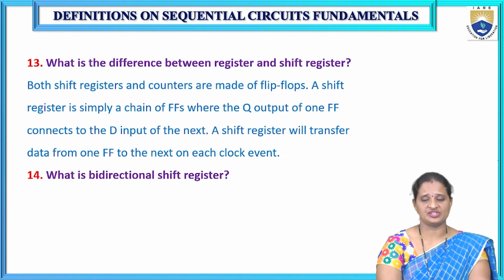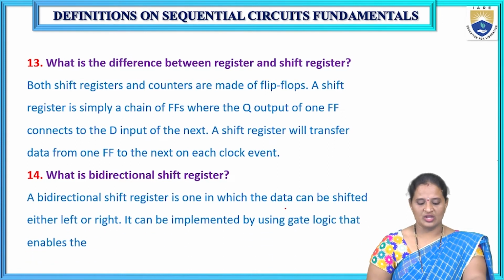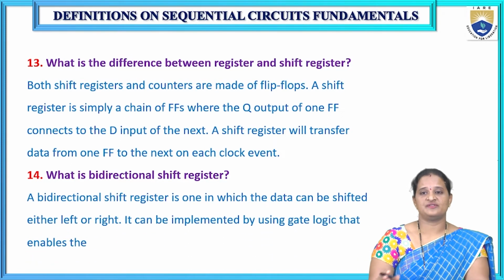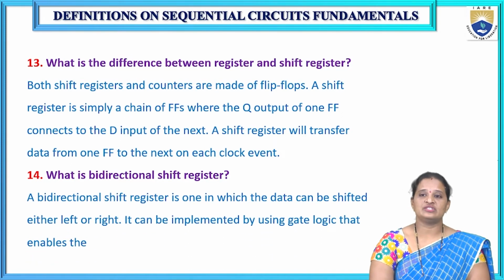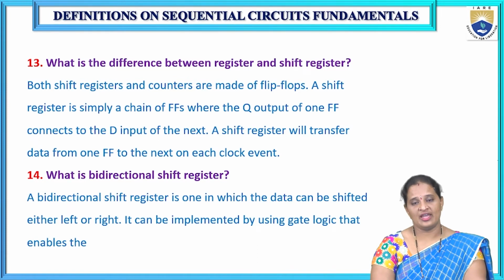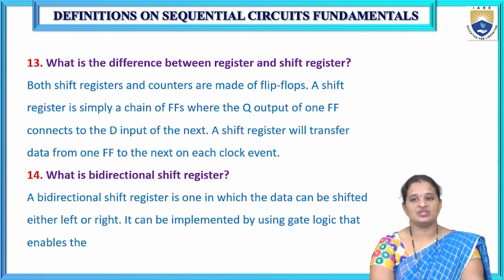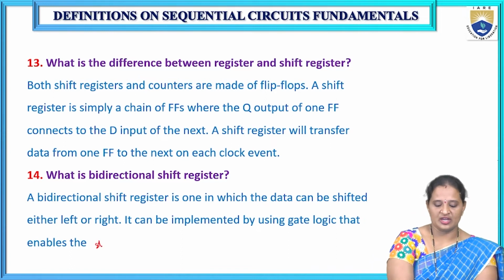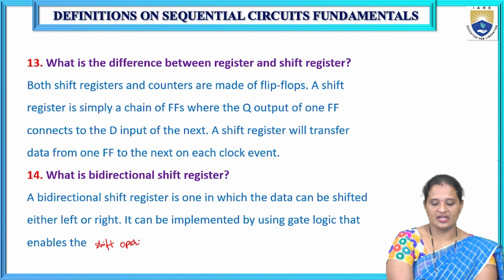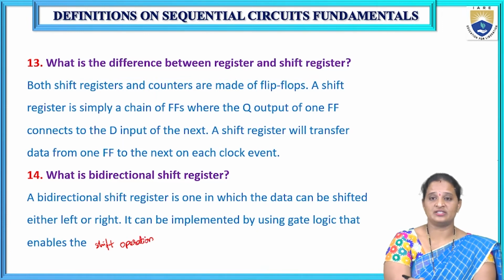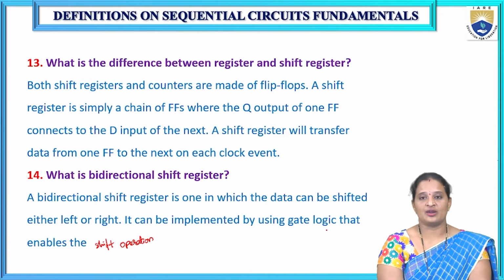What is a bidirectional shift register? As I told you, a bidirectional shift register is one in which the data can be shifted either to the left or to the right. It can be implemented by using gate logic that enables the shift operation. Whether you want to shift the data to the right side or left side can be enabled by using a control input.